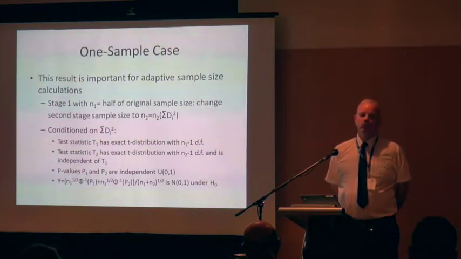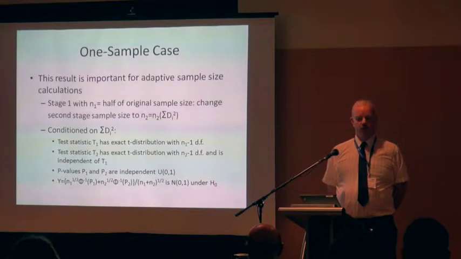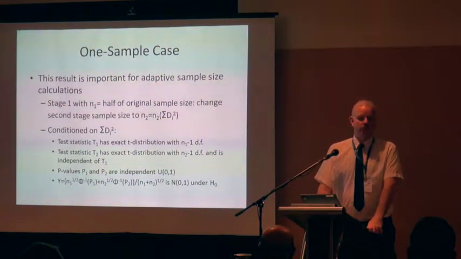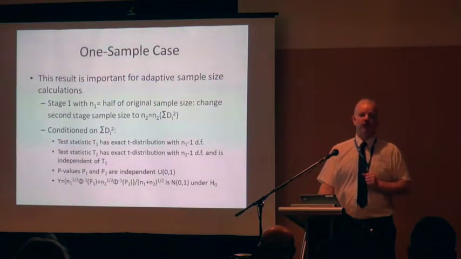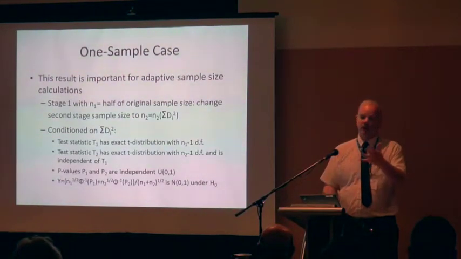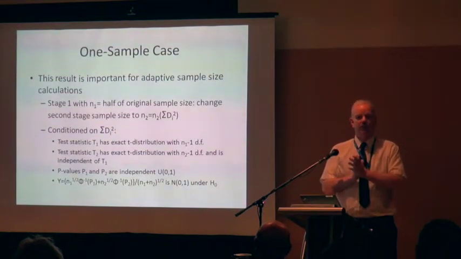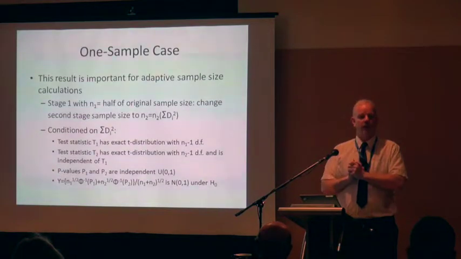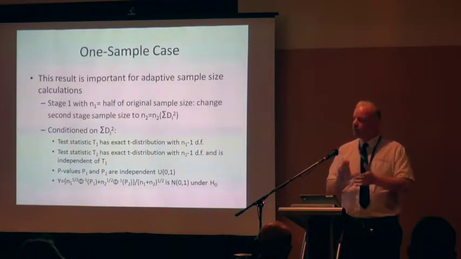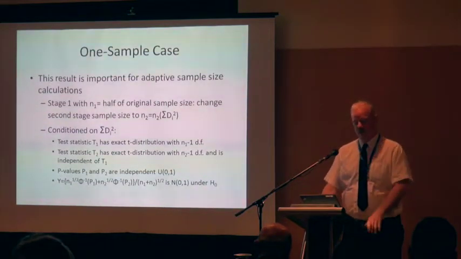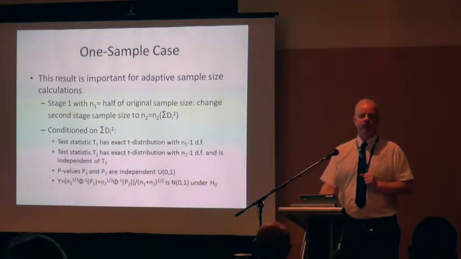But I would maintain that there's a long history of blinded sample size re-estimation. So I would say that that's pretty much an accepted procedure, and guidance documents by the FDA and the EMA basically condone that. Although you do have to be a little bit careful, I think, because under the alternative hypothesis, some things can be going on.